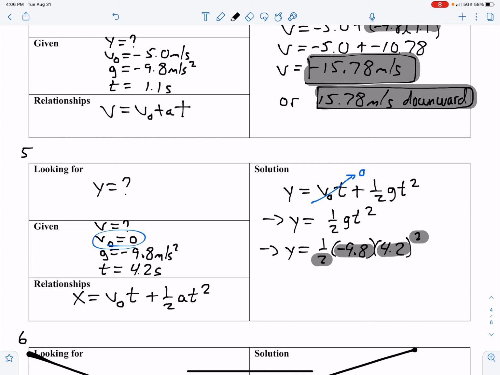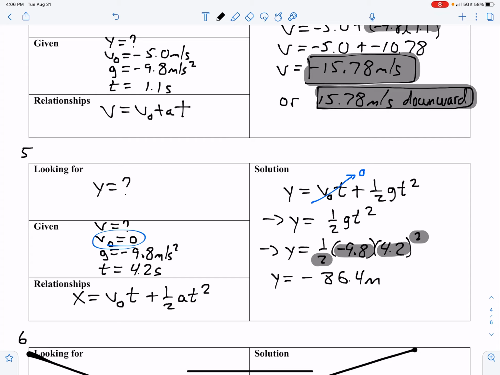Pause the video and run that calculation in your calculator and see what you can get. If you put it in there correctly, you should get negative, you see there's a negative right there, negative 86.4 meters.